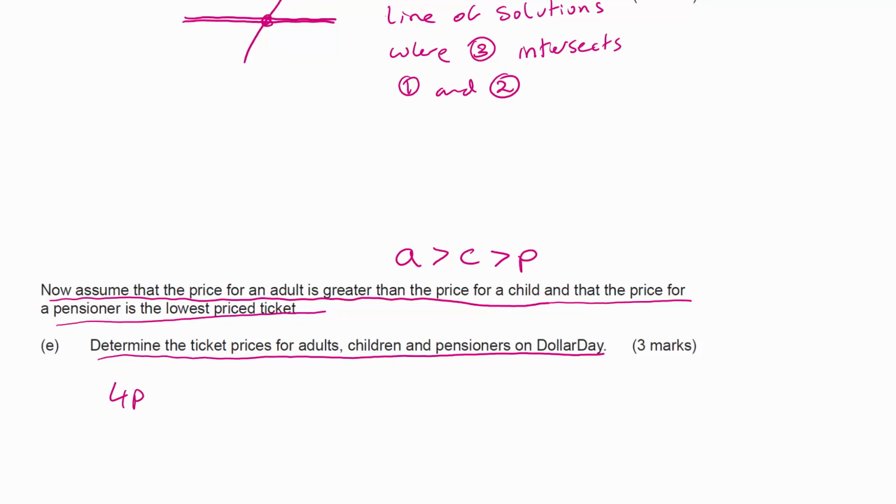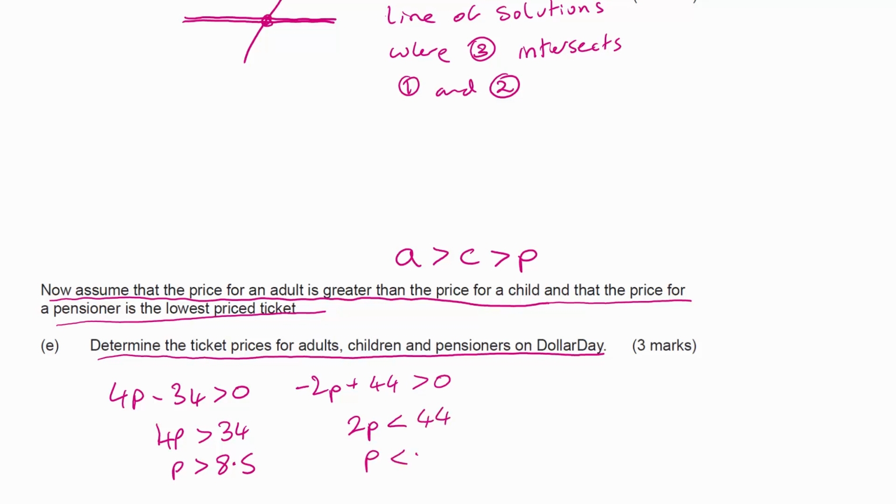So 4p minus 34 is greater than 0. So 4p is more than 34, giving me that p is more than 8.5. Negative 2p add 44 is greater than 0, gives me that 2p is less than 44, and therefore p is less than 22.